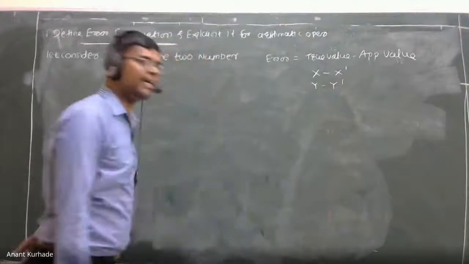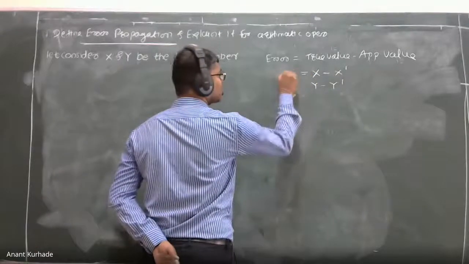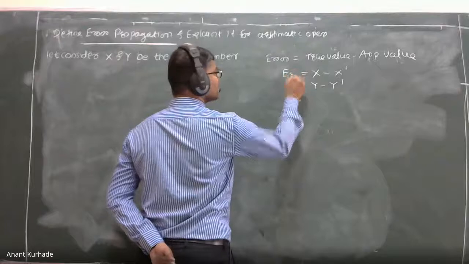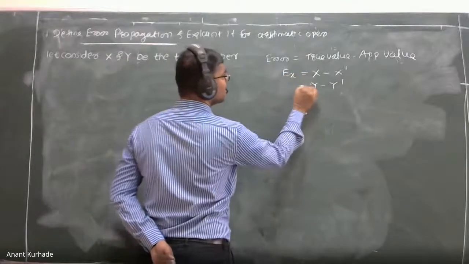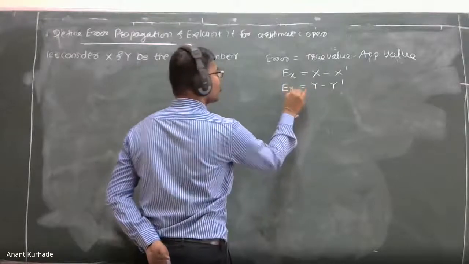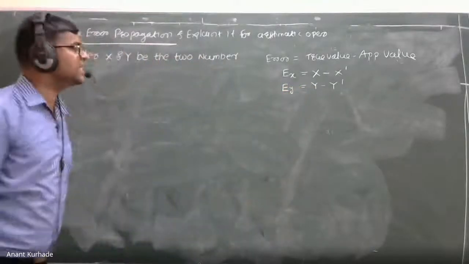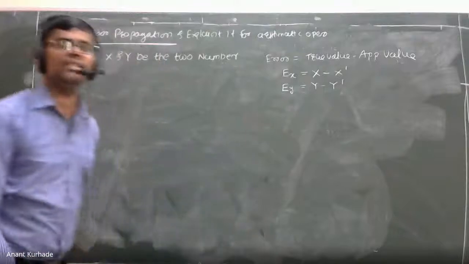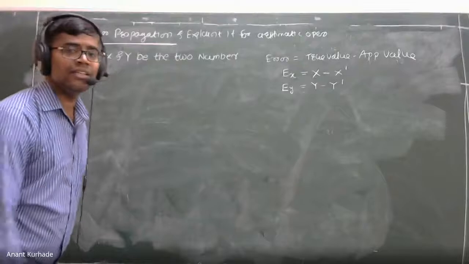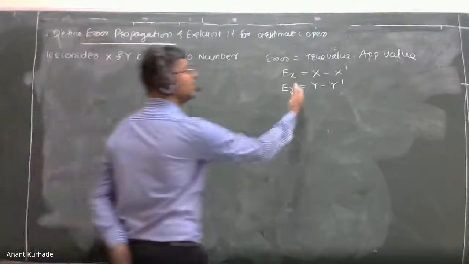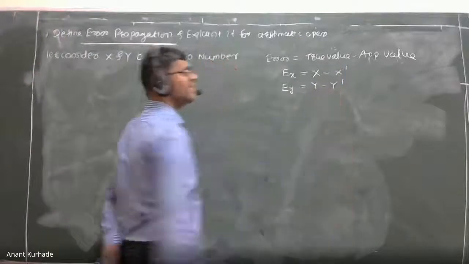Error in x and error in y, we can show by using E. So EX is equal to x minus x dash, EY is equal to y minus y dash. But the examiner doesn't know what EX, EY, x dash, y dash are.